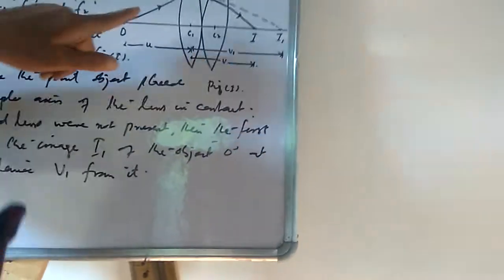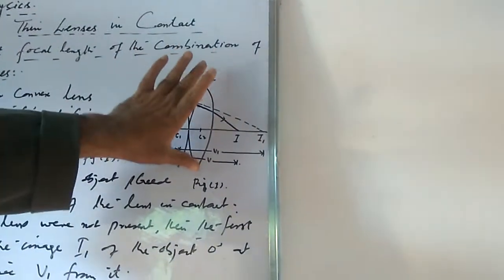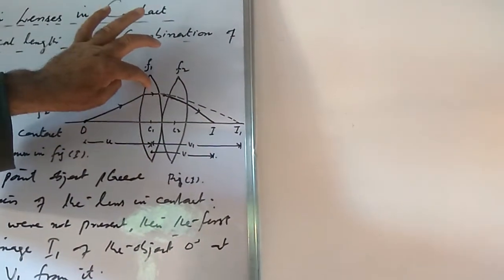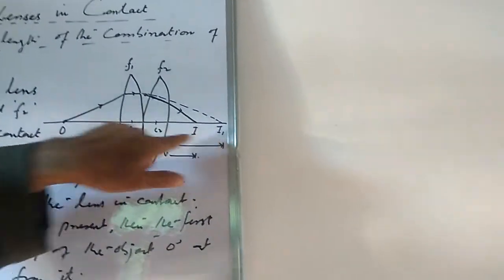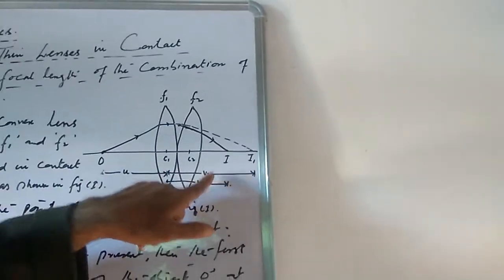That means when the rays of light pass through the first lens, considering the second lens not present, it will form the image of the object at I1, at distance v1 from the lens.